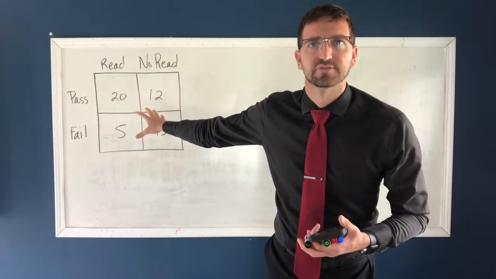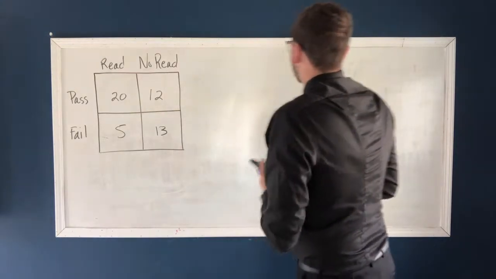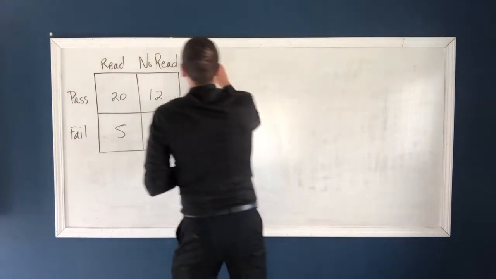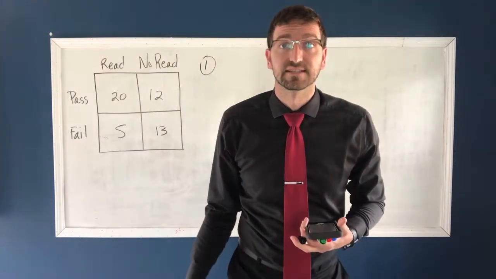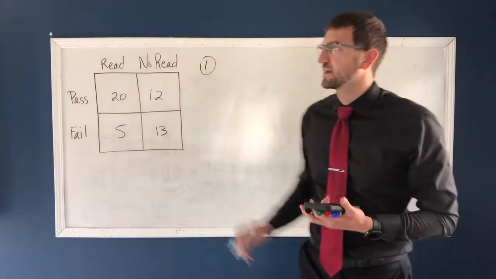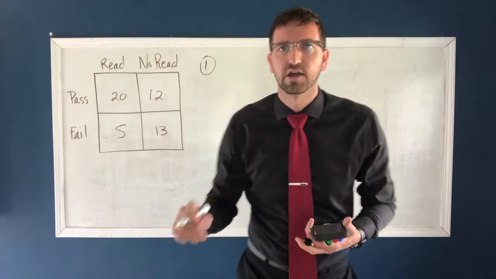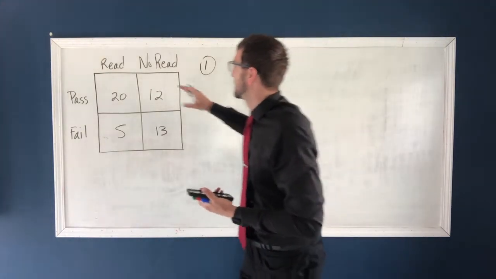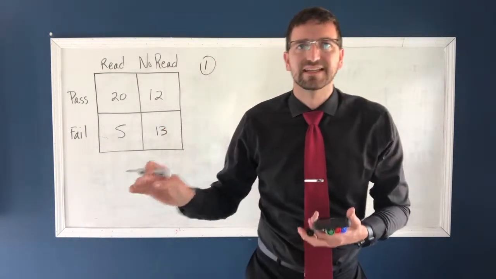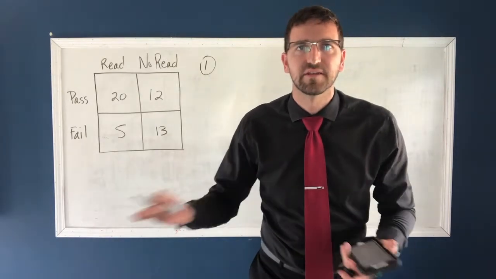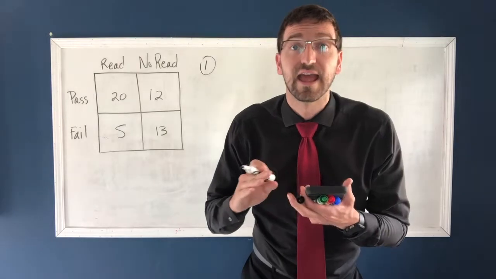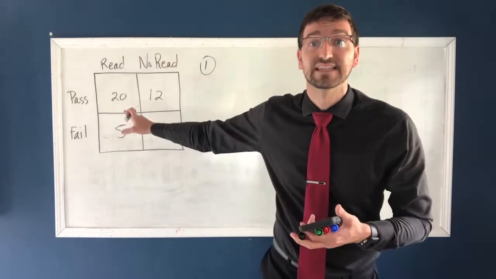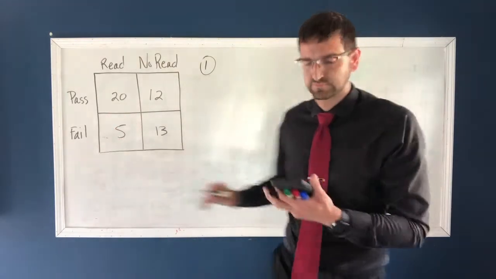These are our sample data. The first thing I want us to figure out are our expected frequencies. And essentially what expected frequencies are, if reading the textbook didn't have any sort of impact on passing or failing the class, what expected counts would we see in those cells?